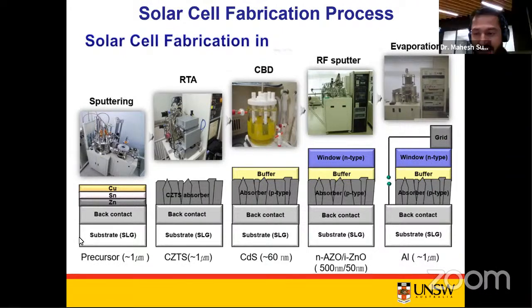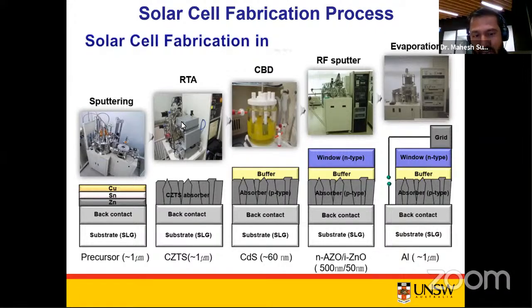Yeah, of course. That's a good question, actually. We deposit this metal precursor using the sputtering method. It's a CZTS here, but actually we are doing the CZTSSe. Using this RTA or the RTP, we use the sulfur and selenium mixed atmosphere to convert this metal precursor into the absorber. It depends a lot on the annealing temperature and the pressure.